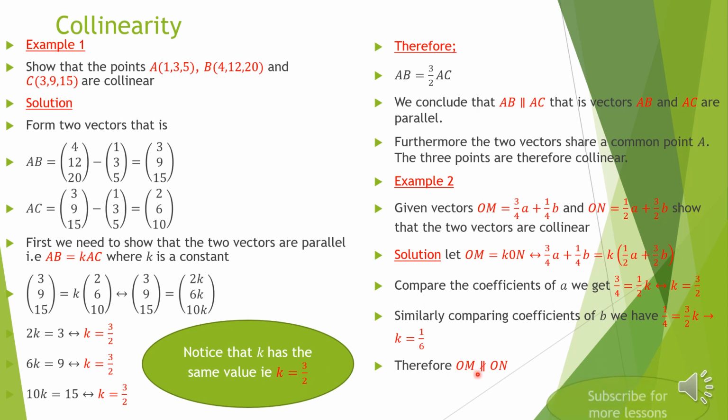Remember this, that if two vectors are supposed to be collinear, then number one, they need to be parallel, and number two, they need to share a common point. If they meet those two conditions, then conclude that the two vectors are collinear. If they don't, then conclude that the two vectors are not collinear.